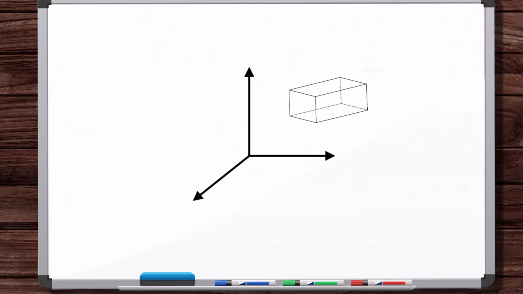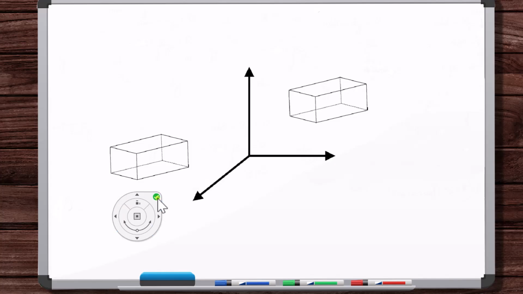All right. First, let's start with a translation, or a shift, or a slide. All that's happening there is you're starting at this initial state, and it's strictly a shift anywhere in 3D space. Let's say here. That's it.